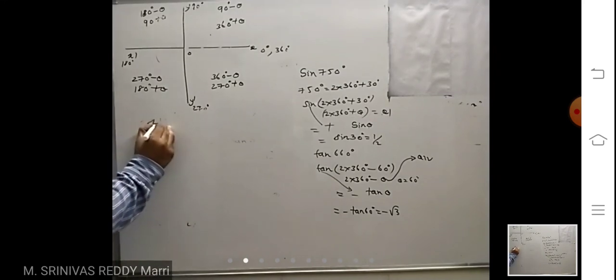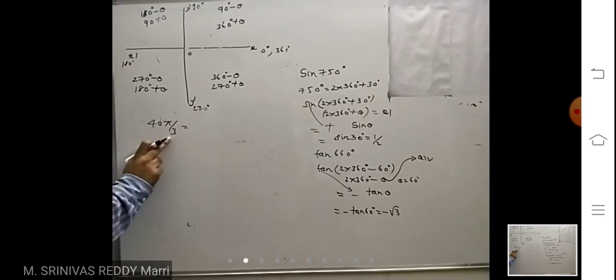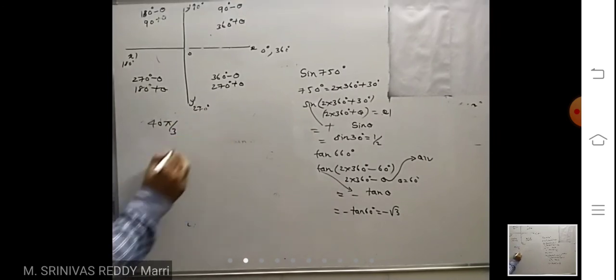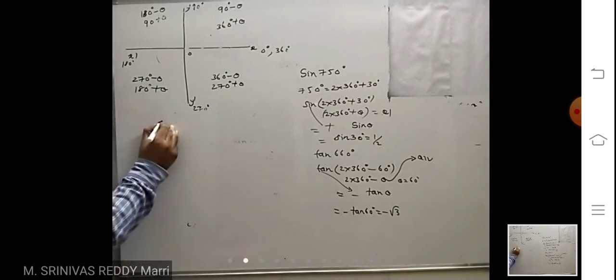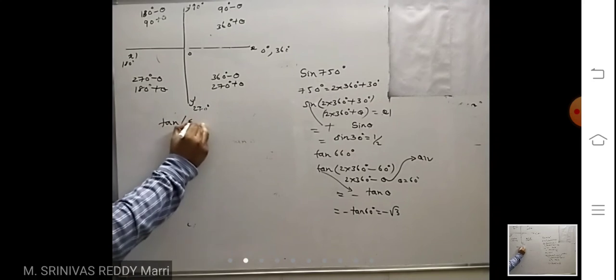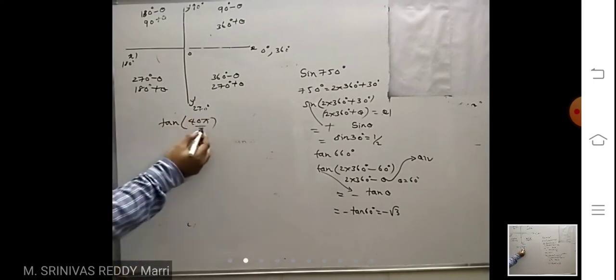Suppose like this is given, look at 40 pi by 3. This angle is given: tan 40 pi by 3.